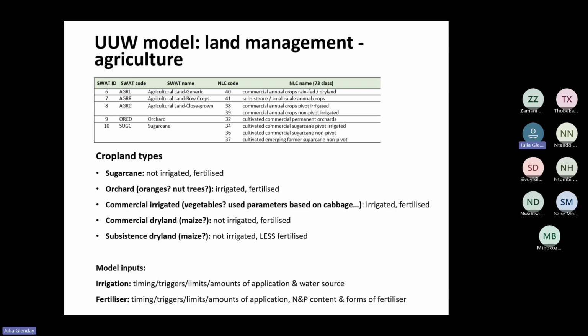So with center pivots for the low crops, and then sprays for the orchards. But for the fertilizers, you also have to specify when it's applied and how much is applied, what type of fertilizer it is, and the nitrogen and phosphorus content of the fertilizer.